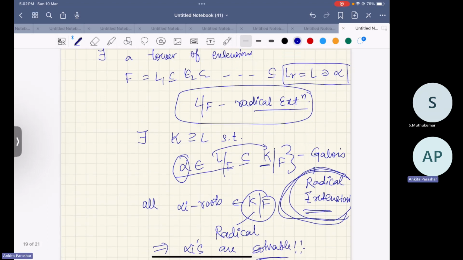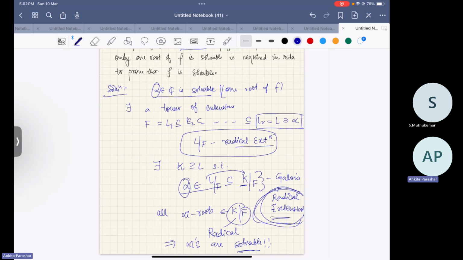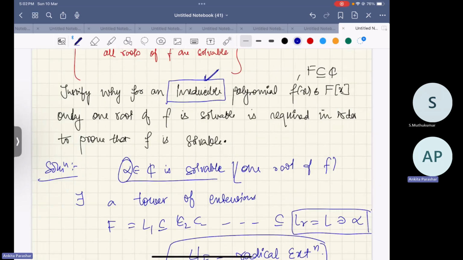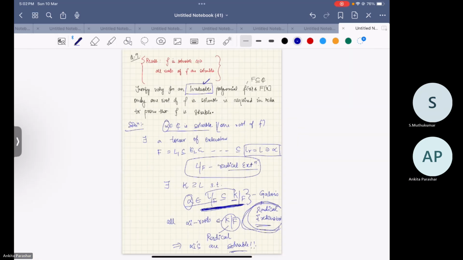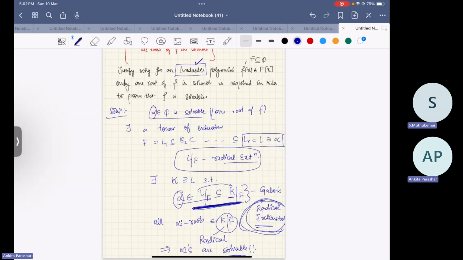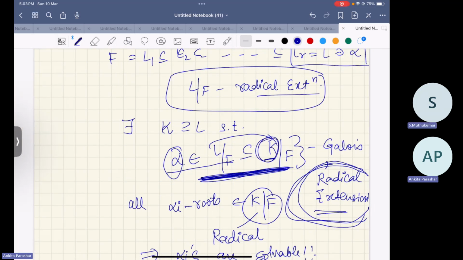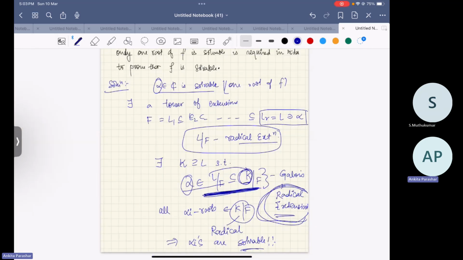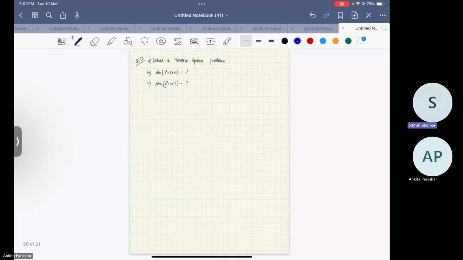The good part is that this works just because your f is irreducible. You can do this only for that. So just because K is a splitting field and f is irreducible, this is how we got this result. Irreducibility is important here.